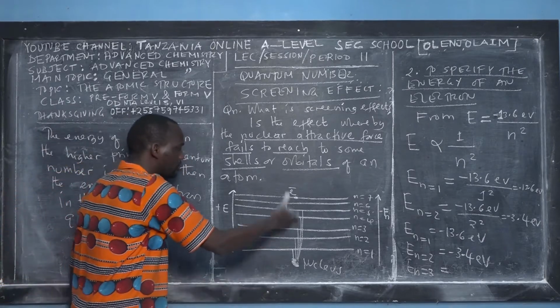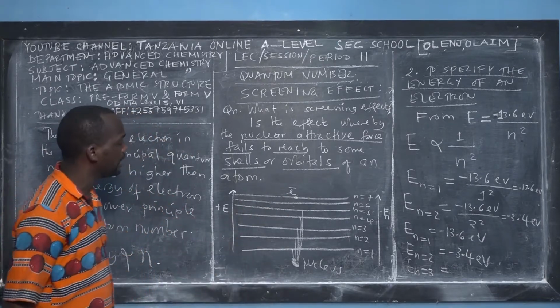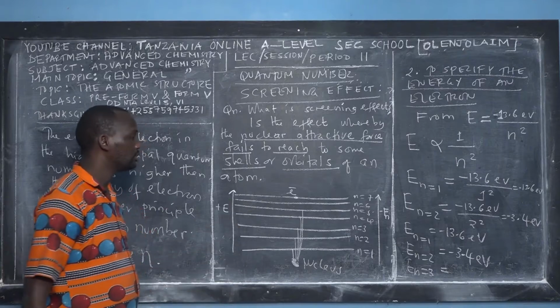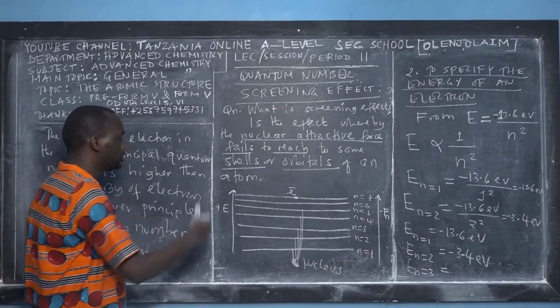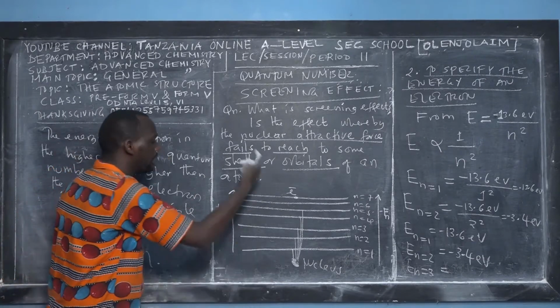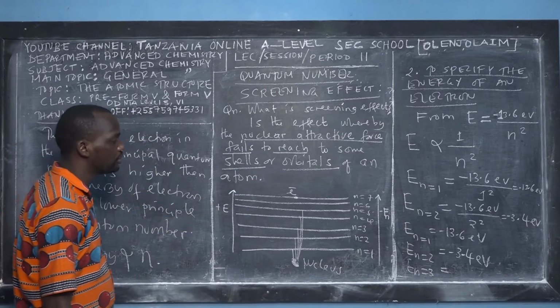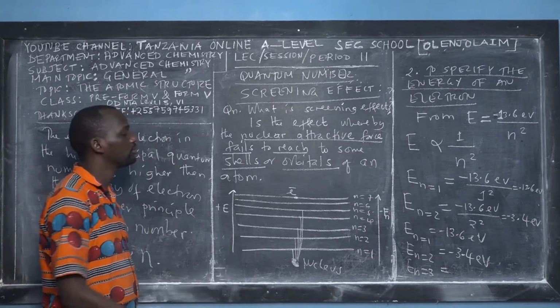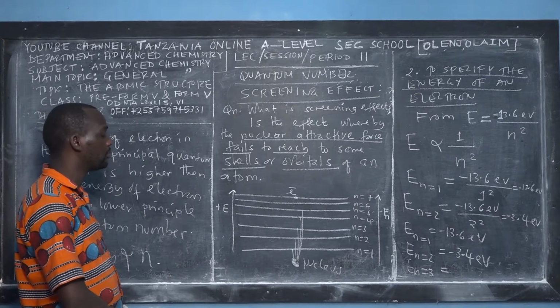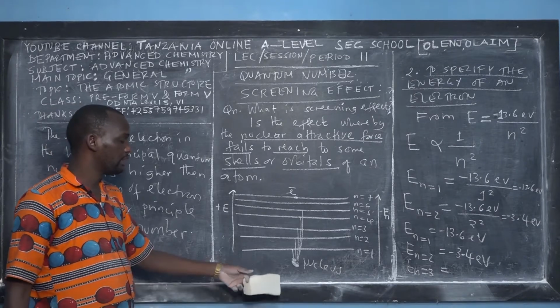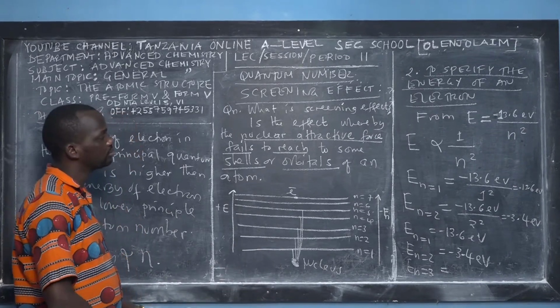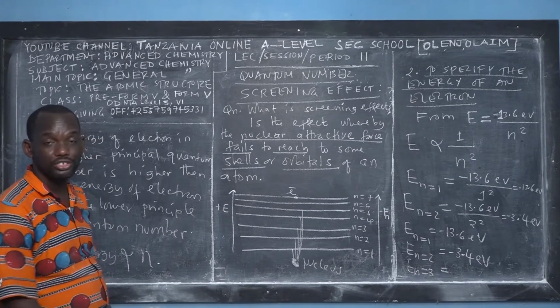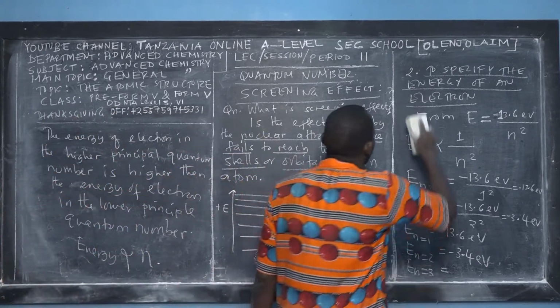The radius or the distance of the electrons increases. So you see that energy increases, the radius of the orbit increases, but the nuclear attractive force provided by the nucleus of an atom to the electrons will be decreasing. So be careful.